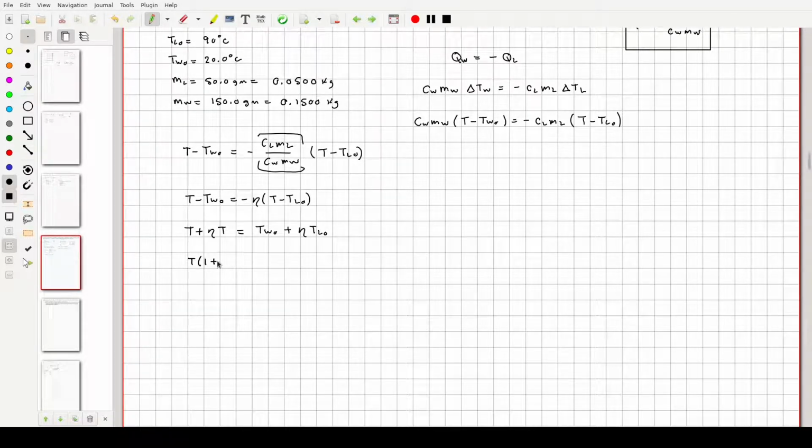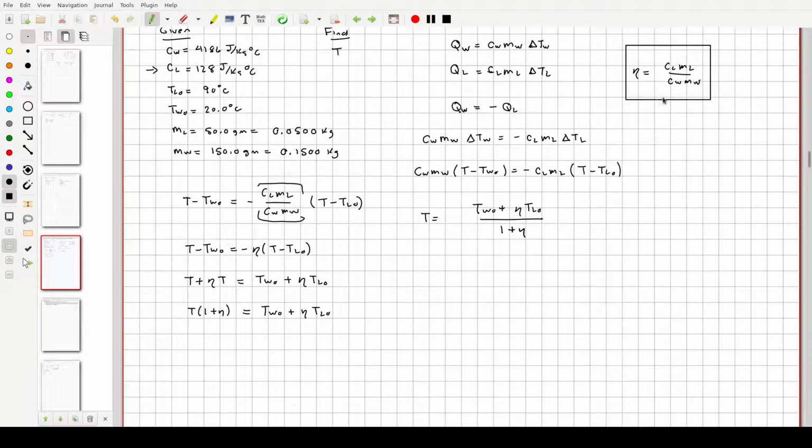I have 1 plus eta here on the left-hand side. On the right-hand side, I have T_W naught plus eta T_L naught. And then I'm going to divide both sides by 1 plus eta. So T is going to equal T_W naught plus eta times T_L naught, divided by 1 plus eta.